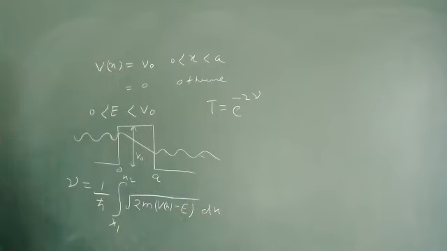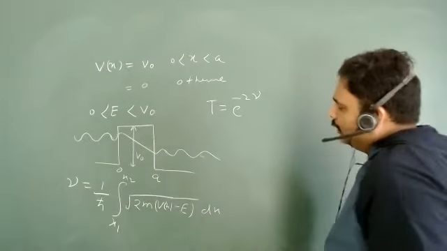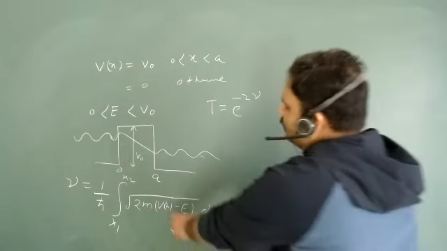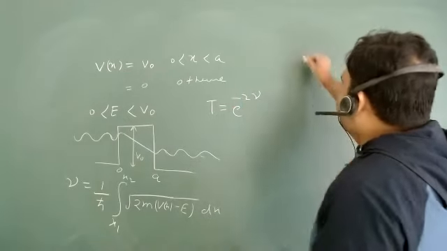This is our value of gamma. Once we calculate the value of gamma, we can easily reach the final conclusion. Obviously, V naught is a constant value, so it's a very simple integration.